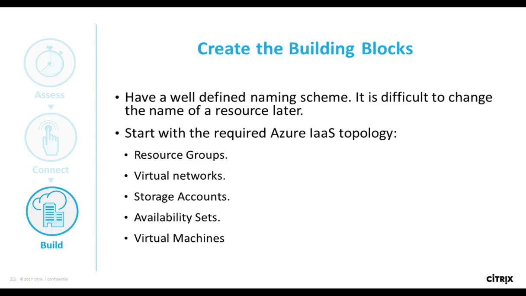Setting up a great naming scheme is important, especially in Azure, where renaming resources is critical. And then when it goes to Azure, you need to build out that topology. You need to build out the resource groups, networks, understand how you're going to do storage, as well as the impact of the vendor you choose, whether it be Azure with availability sets or AWS with availability zones, and how that's going to impact the availability of your environment.